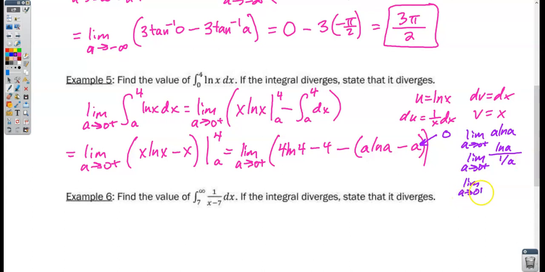This becomes the limit as a goes to 0 from the right of 1 over a over negative 1 over a squared, which simplifies to the limit as a goes to 0 from the right of negative a. And that limit approaches 0. So this piece also approaches 0 as a approaches 0 from the right, and therefore the value of this integral is 4 natural log of 4 minus 4.